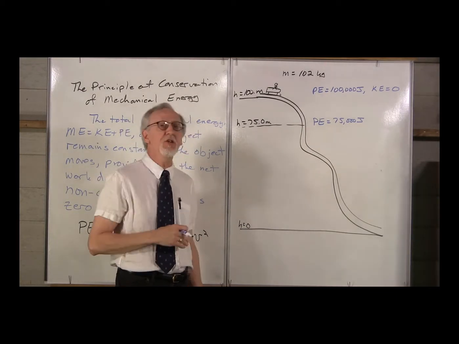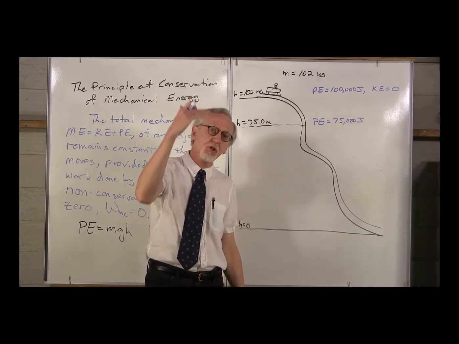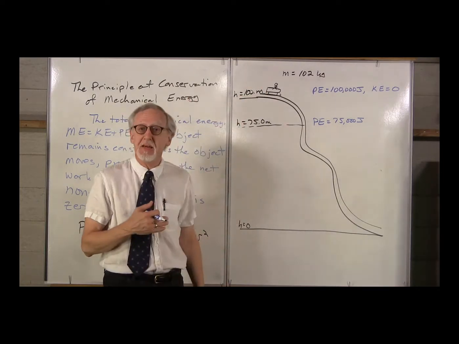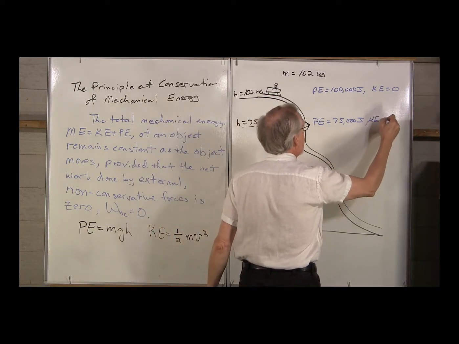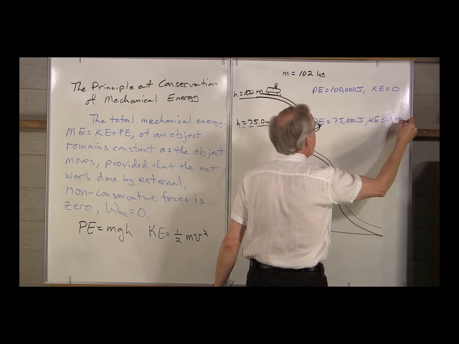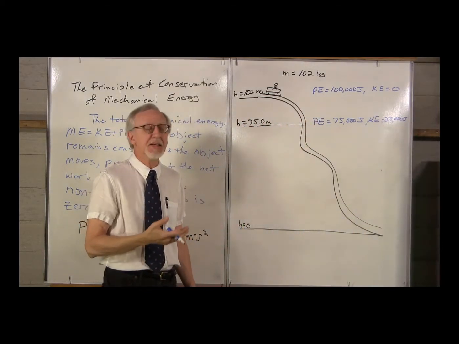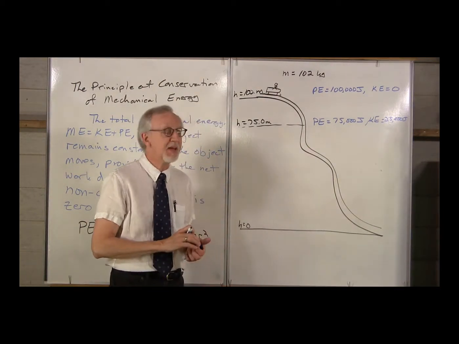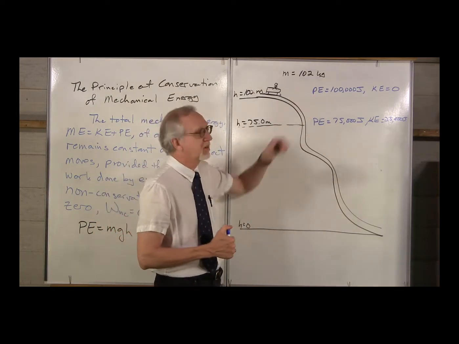It turned into kinetic. As the sled slides down, it's losing potential energy, gaining kinetic energy. The sled is speeding up. So the kinetic energy is now 25,000 joules. So the total is what? It's 75,000 plus 25,000. It's 100,000 joules. In other words, it's the same total mechanical energy that we started with.